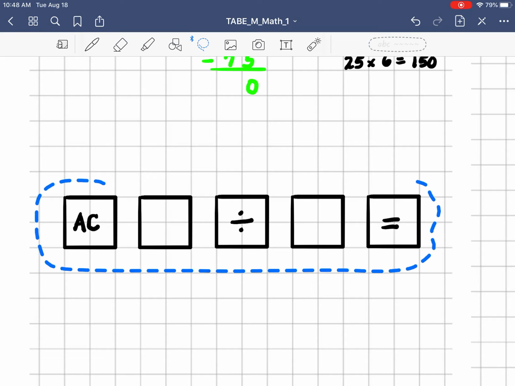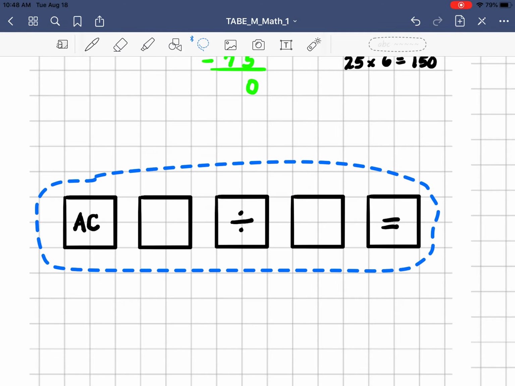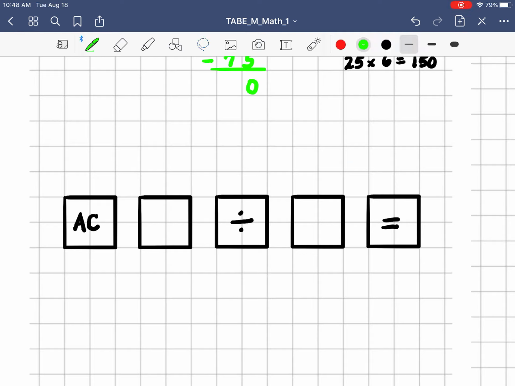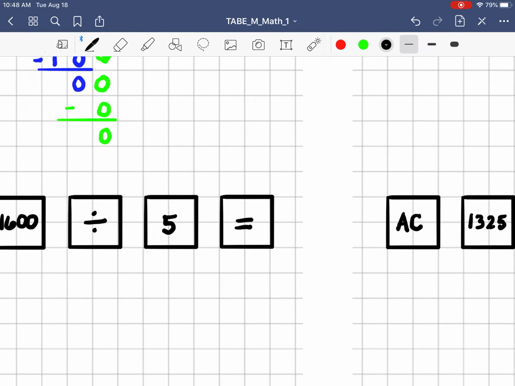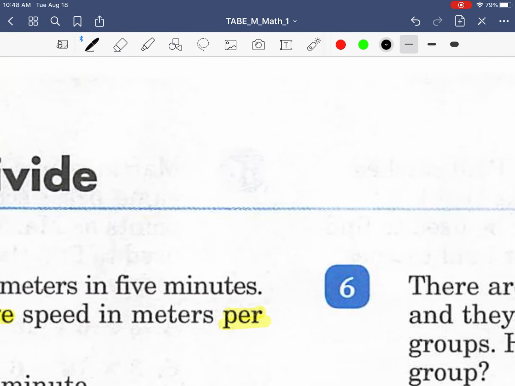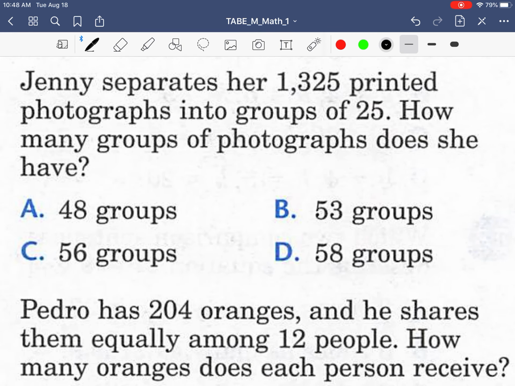Basically, you just substitute in the numbers for this problem, which would be the dividend, 1325, and the divisor is 25, and that will give you your answer of 53. So let me slide back over to my question and fill in the answer, and then we'll look at number 3. 53 groups of photos.